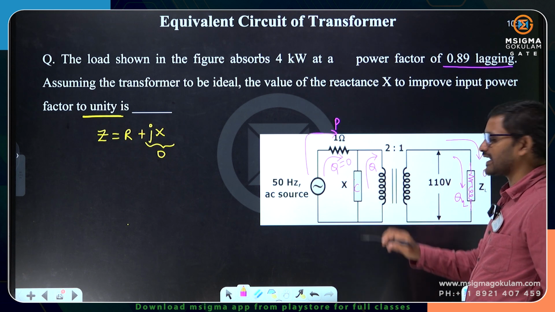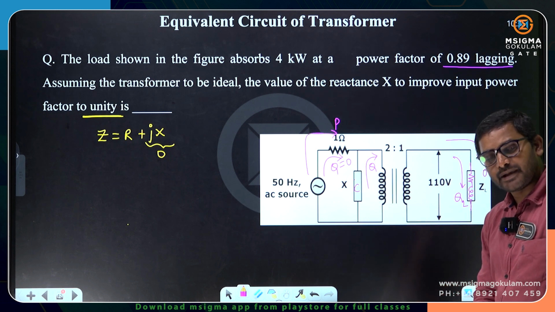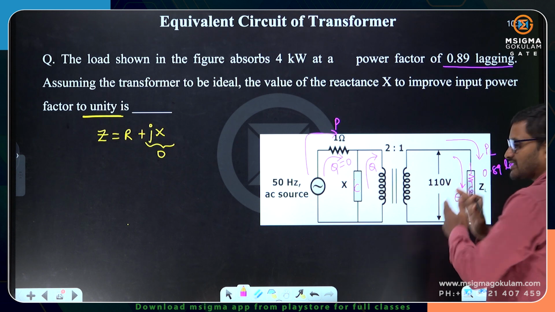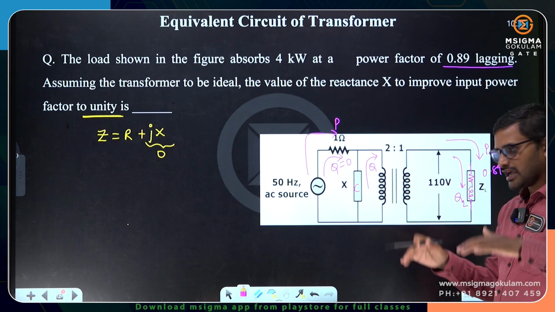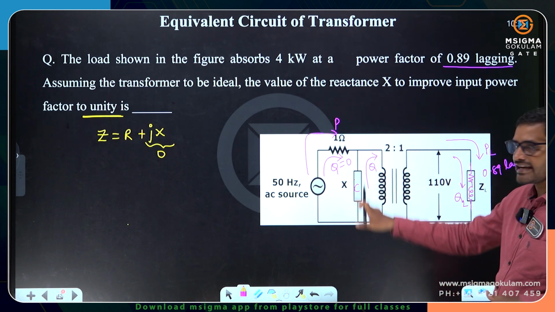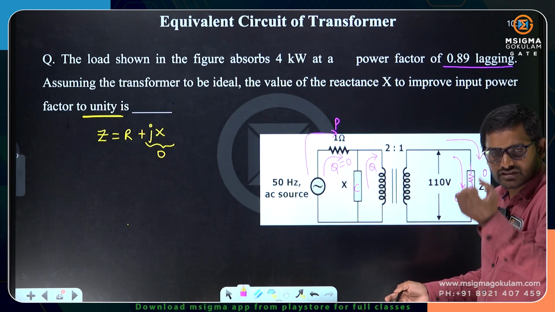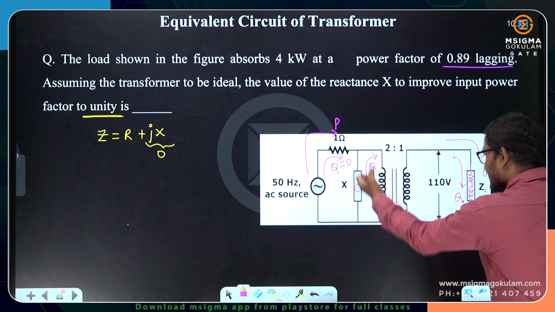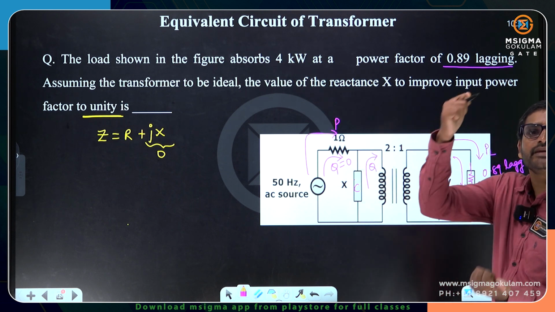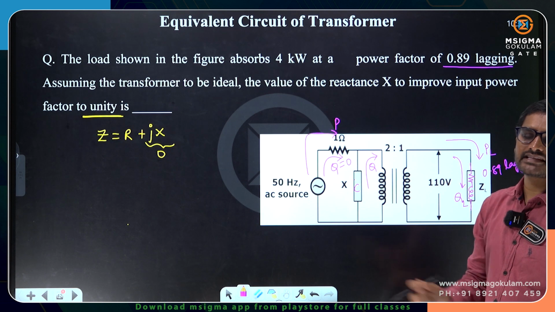It must be a capacitor. You connect a capacitor so that the inductive reactance can be compensated, because a capacitor consumes leading reactive power, so the leading and lagging reactive power will be opposite and cancel out.